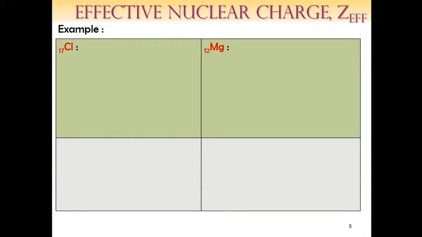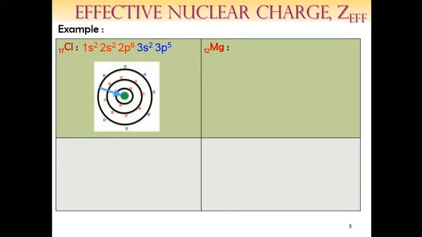Let's look at another two examples for the calculation of effective nuclear charge, Z. For chlorine and magnesium, chlorine is from the halogen group. For chlorine, the proton number is 17. First, we write the electronic configuration of chlorine: 1s2, 2s2, 2p6, 3s2, 3p5.